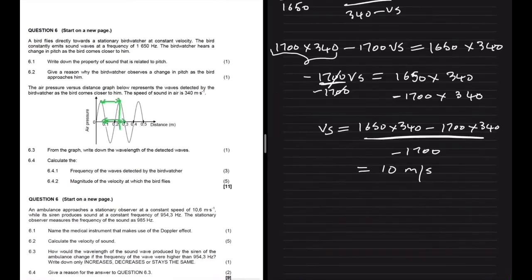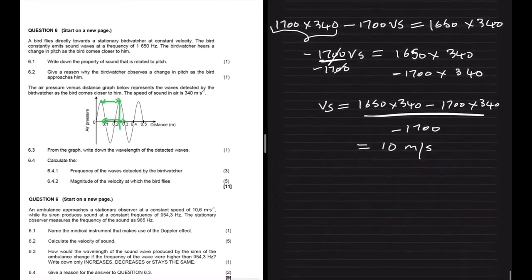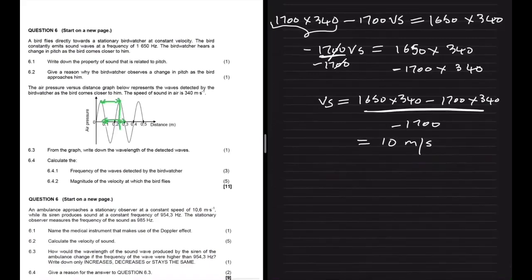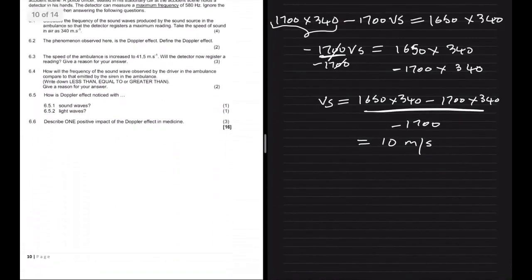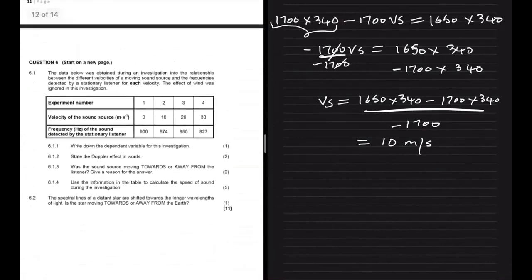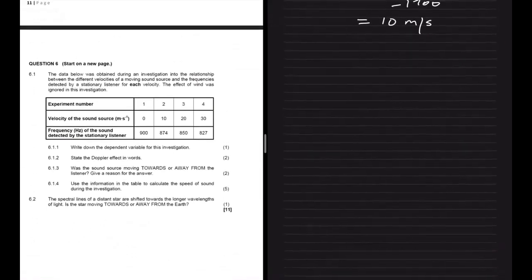It seems too good of an answer, but I can't notice anything I did wrong, so I'm assuming it's right. Let me scroll down and look for a question that has a graph in it so that we can do a question that's a bit different. Okay, we have a table there, so let's just do this question.